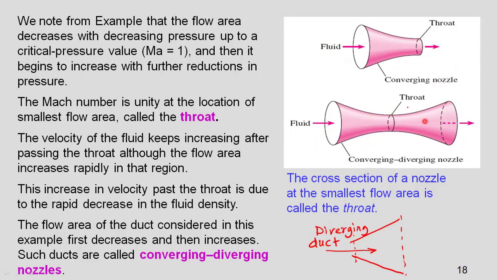Here, as the area gradually decreases and then increases, there is a minimum area of cross section that will be called the throat of the duct.